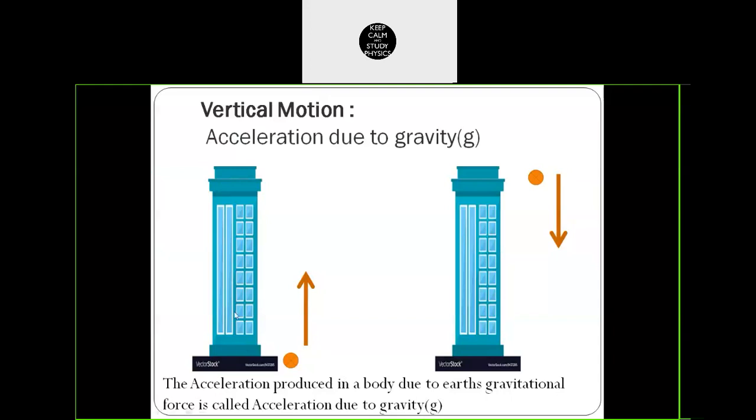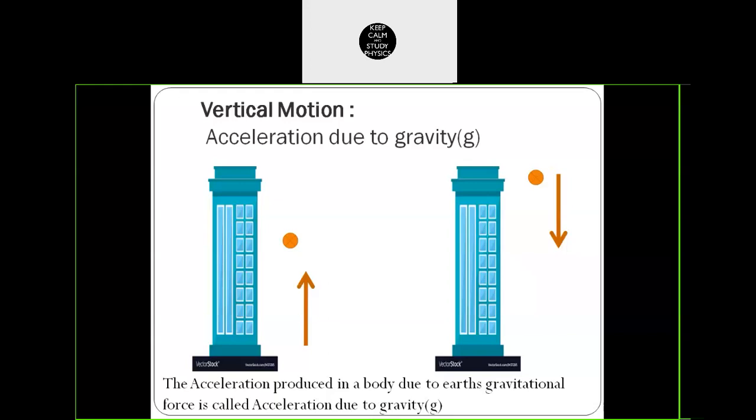Here, first you consider we have a beautiful building. We are standing at the bottom of the building and throwing a ball upwards, right? The ball is moving up. What happens? Just imagine that you have thrown a ball vertically upwards.